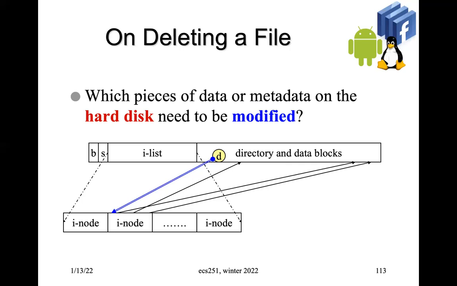And the fourth data structure you need to modify is the free inode bitmap, because removing a file means you now have one inode space available for use.